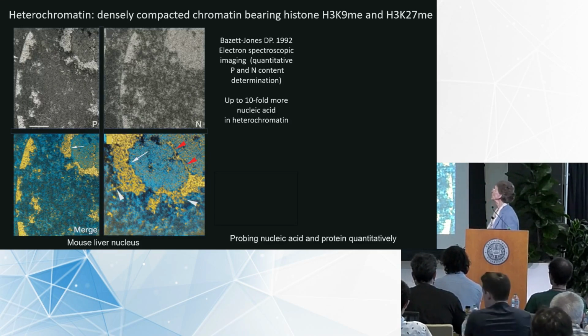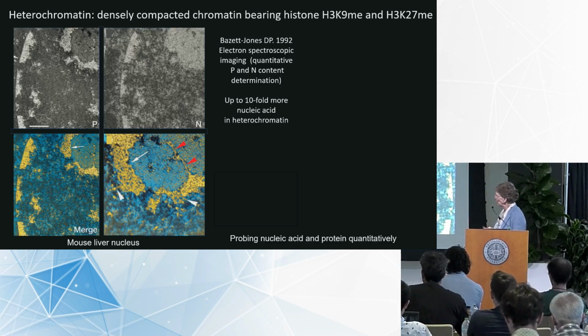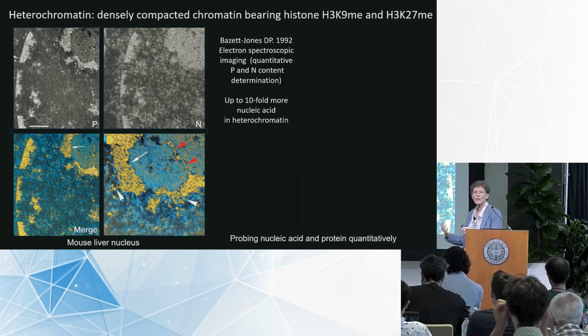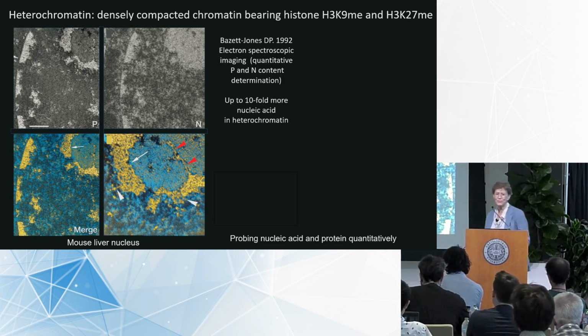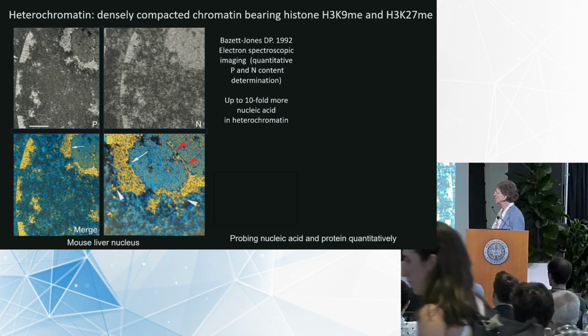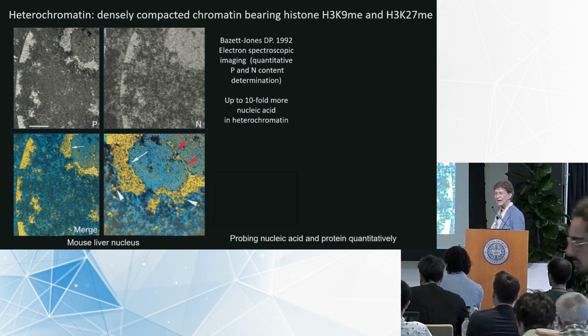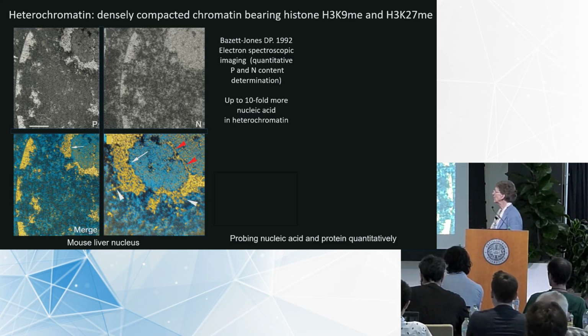And I really like this electron spectroscopic imaging of David Bazett-Jones, which is very old, but actually he pursued this and optimized this over many years, and it's really a shame people don't do more of it. It gave you a quantitative account of the phosphate and nitrogen at the level of EM micrographs. This is looking at the nitrogen, so protein and nucleic acid, but largely protein.